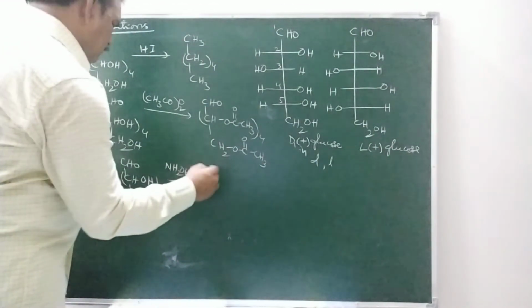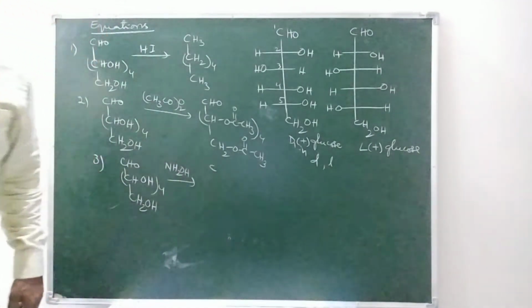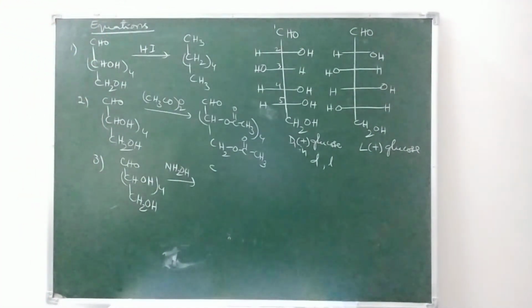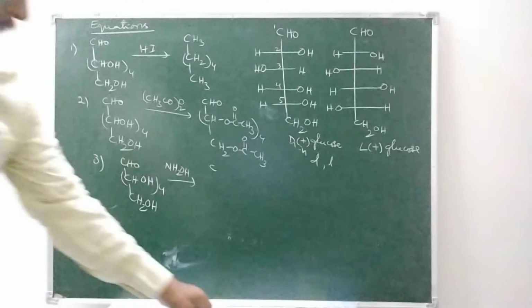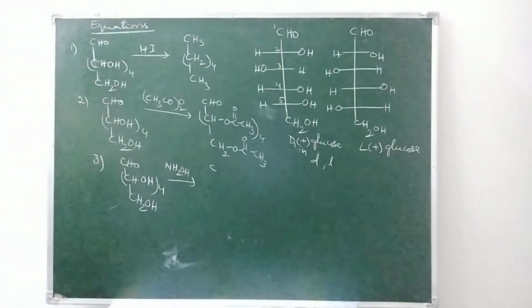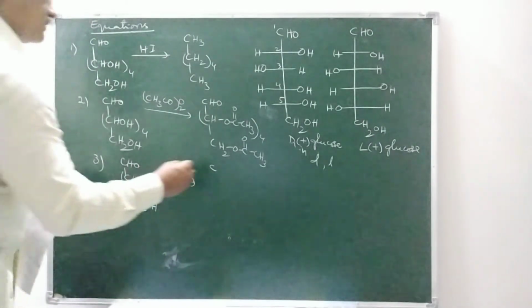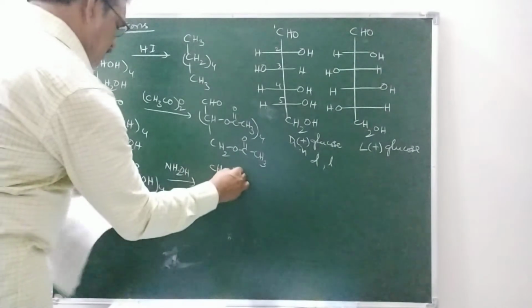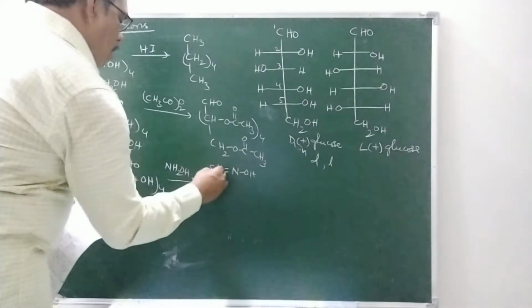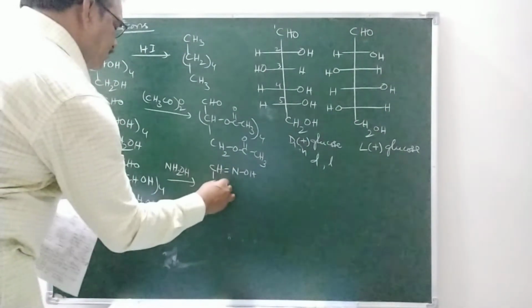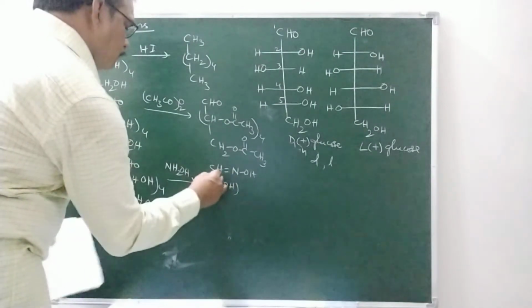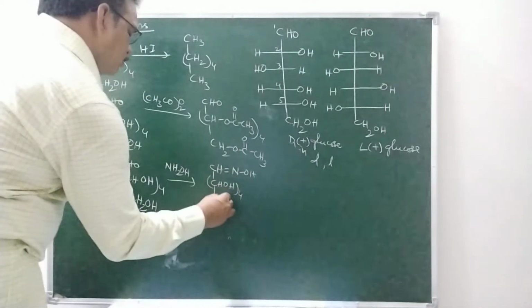With hydroxylamine, it gives CH=NOH, CHOH 4 times, CH2OH.